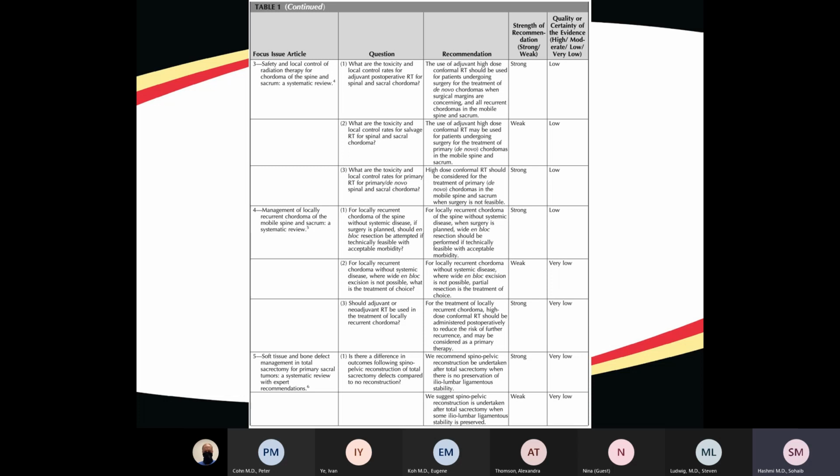performed for primary sacral tumors, there should be spinopelvic reconstruction for those patients. Some of the largest work for sacral reconstruction is in primary sacral tumors that have to be removed in their entirety, and a lot of those are chordomas.